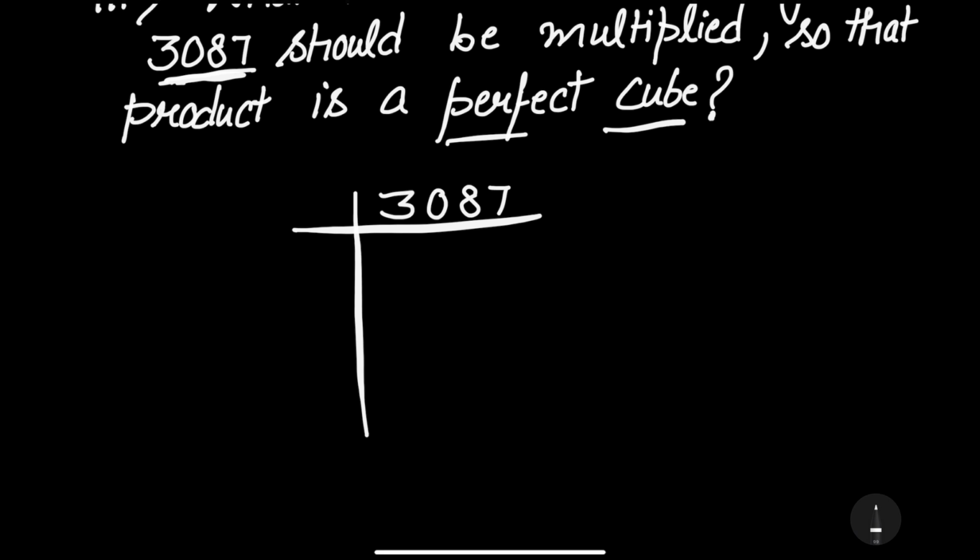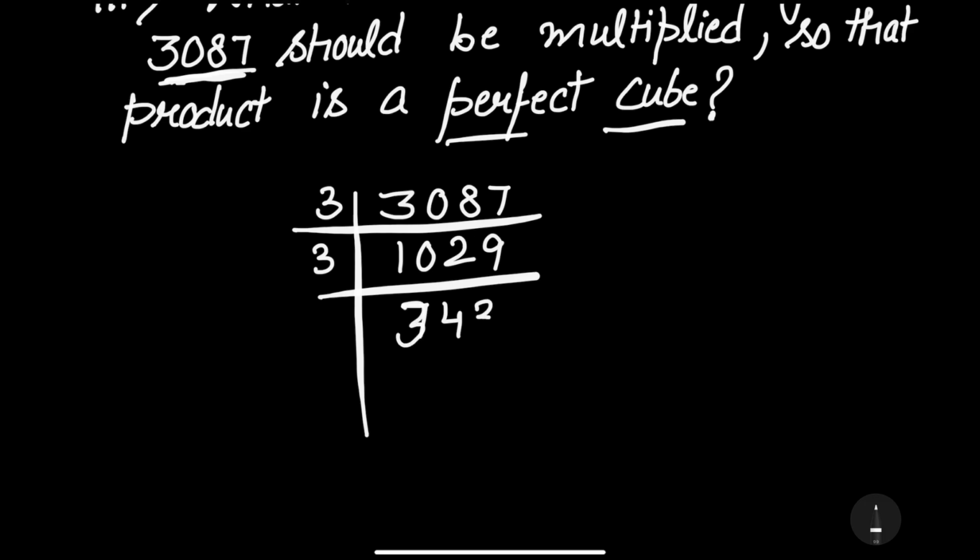3087. So first it will be divisible by which table? 3. When we divide this number by 3, what answer will we get? 1029. Again it will be divisible by 3, and what answer will we get? 740. Sorry, it is 343.